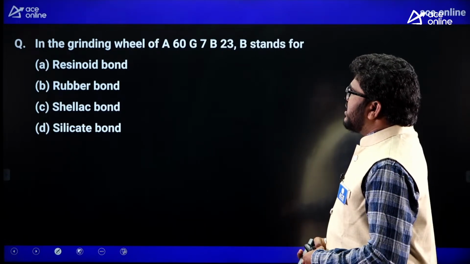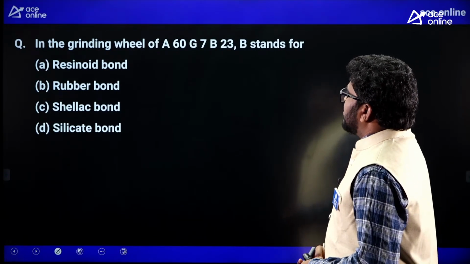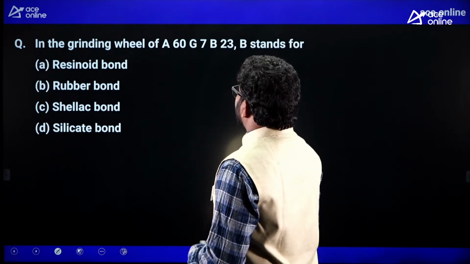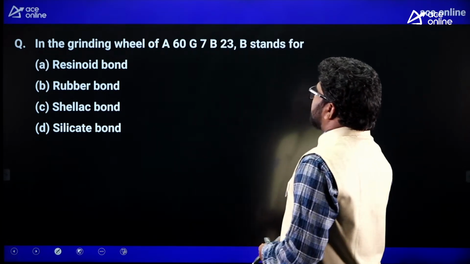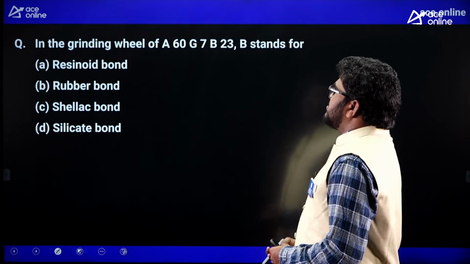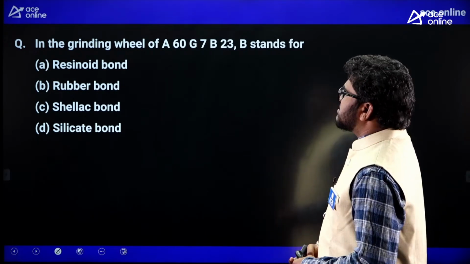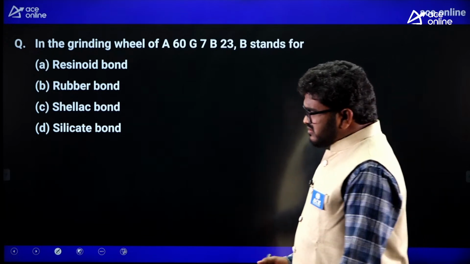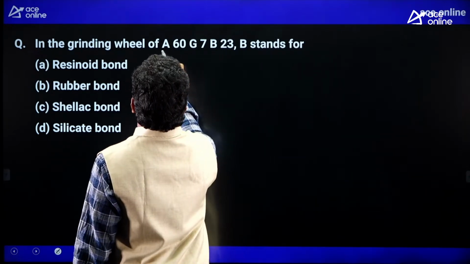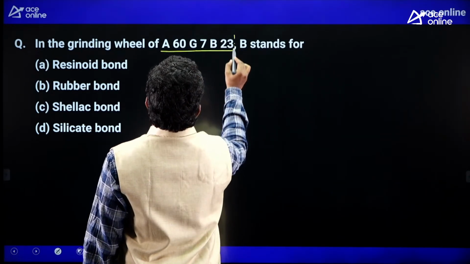In the grinding wheel A60, G7, B23, B stands for what? This is the representation of a grinding wheel actually.